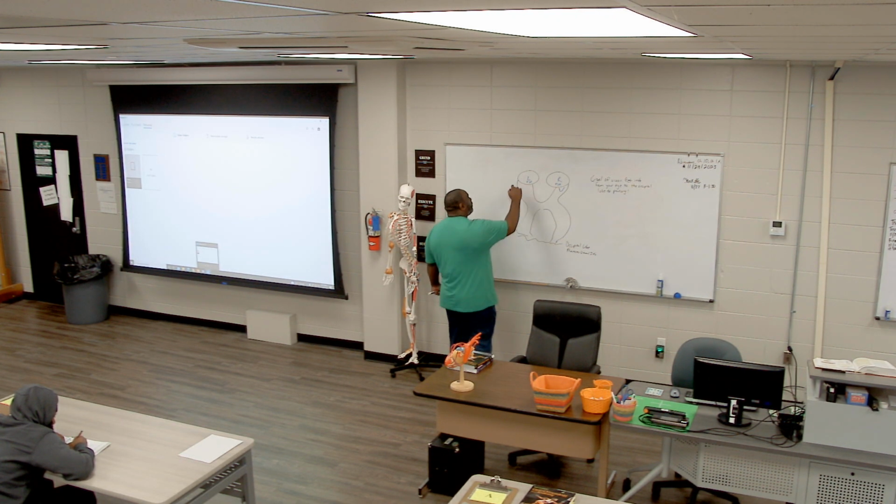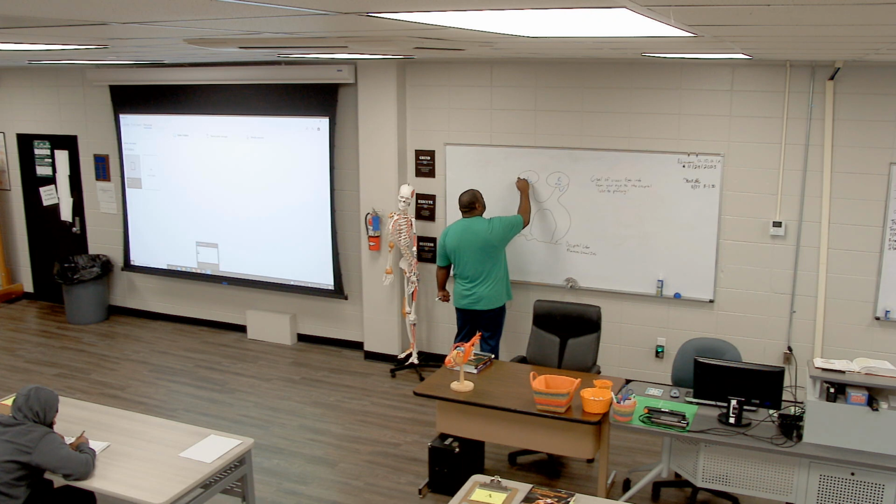It has lateral cones and it has medial cones. So this one will be a lateral rod and cone. You can just put lateral visual perception, and then this is medial.